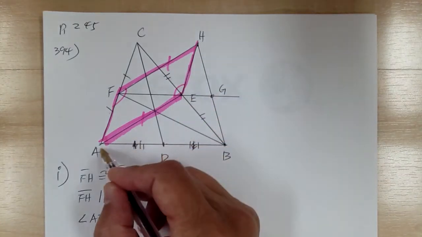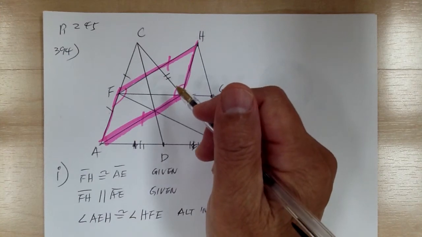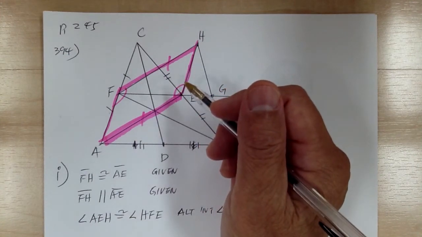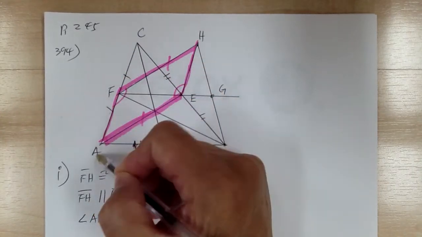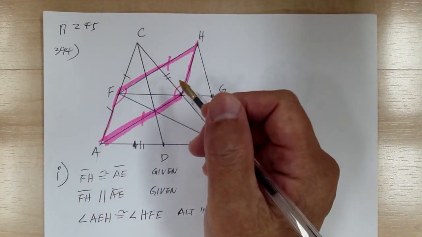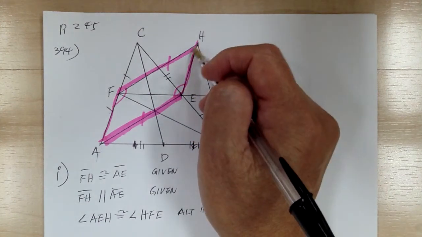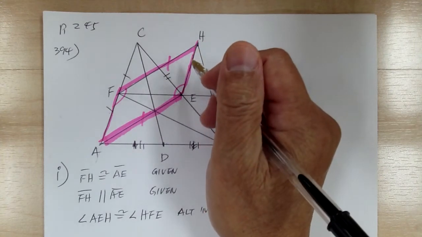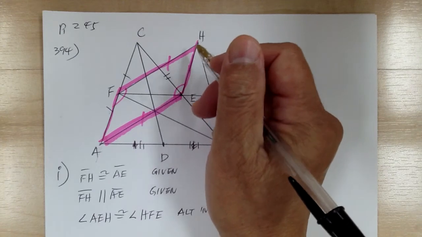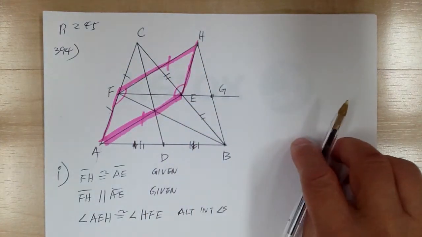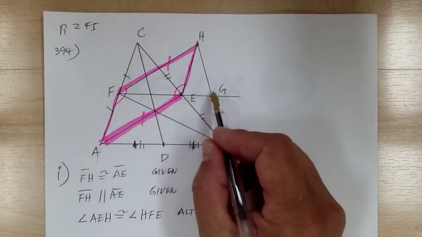Actually, it's AEF. HF, okay, HFE. So these two are parallel, and you cut.